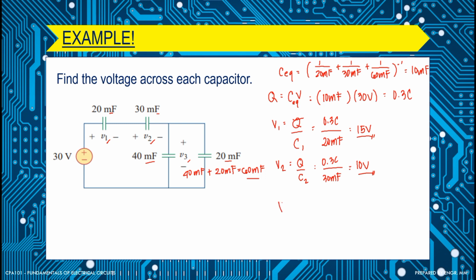So V3 is equal to 30 volts minus V1 and V2, okay? So that is equal to 30 volts minus 15 plus 10, or that's equal to 5 volts. So those are the values of V1, V2, and V3.